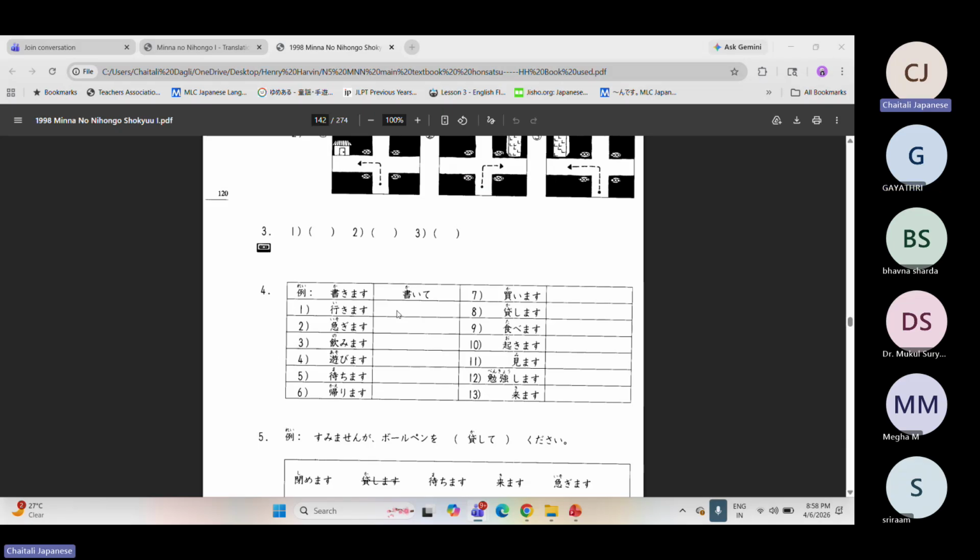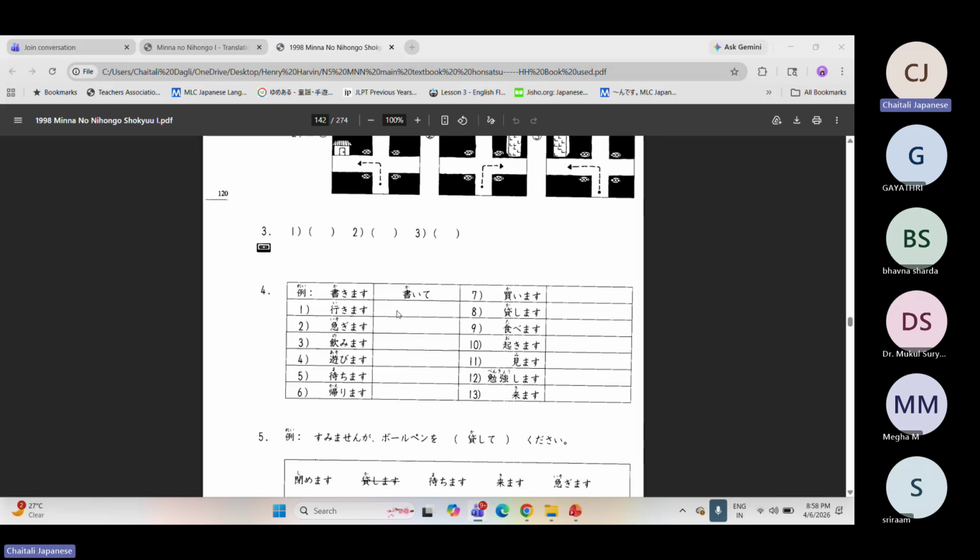Correct. Nomimasu, nonde. Asobimasu, asonde. Perfect. Mochimasu, motte. Yeah. Kaerimasu, kaette. Correct. Kaimasu, katte.